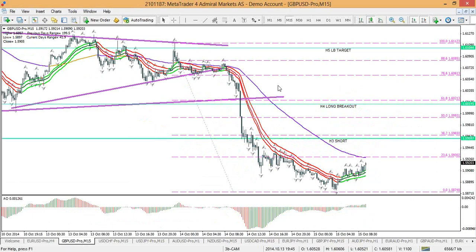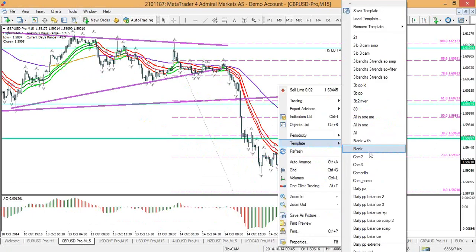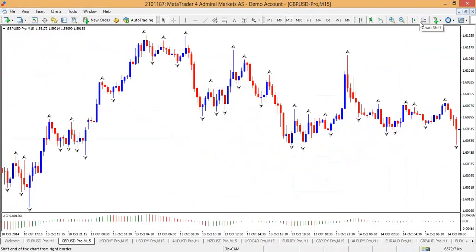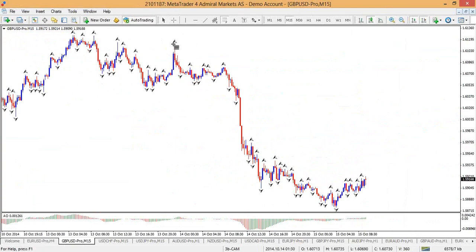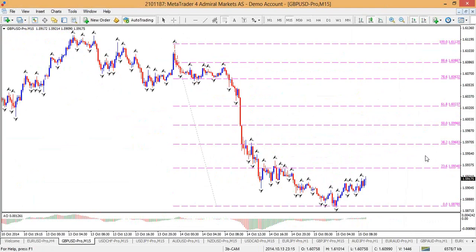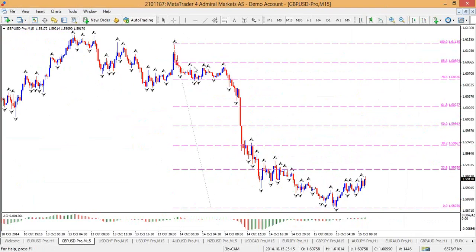If you look at the pound, let me take off everything for the moment. Let's see. The question is also long pound. I would be cautious of this 38.2, but I could be wrong. But this seems like a pretty strong fall.